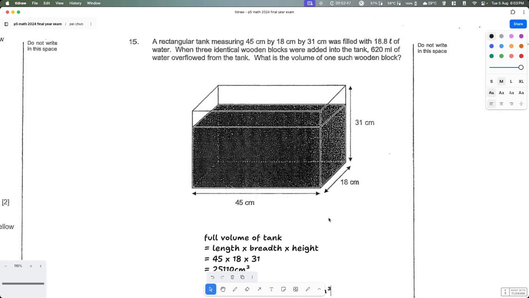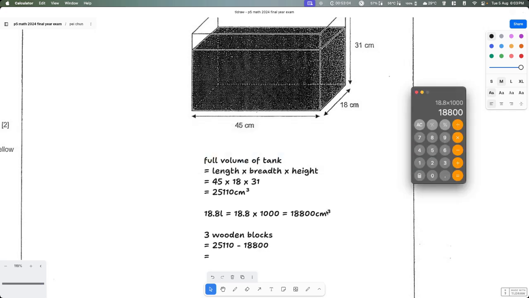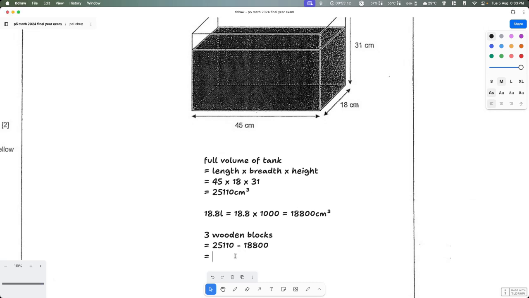So three wooden blocks is equal to 25,110 minus 18,800. Okay, 6,310.